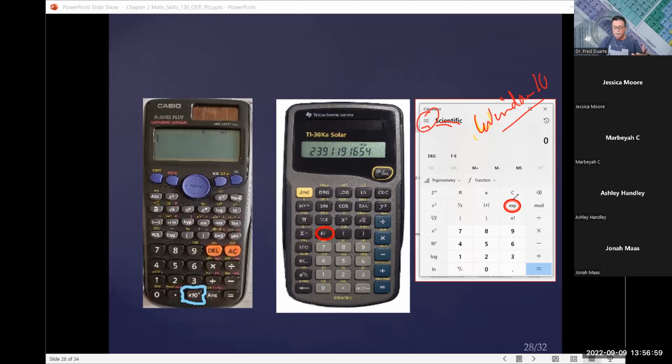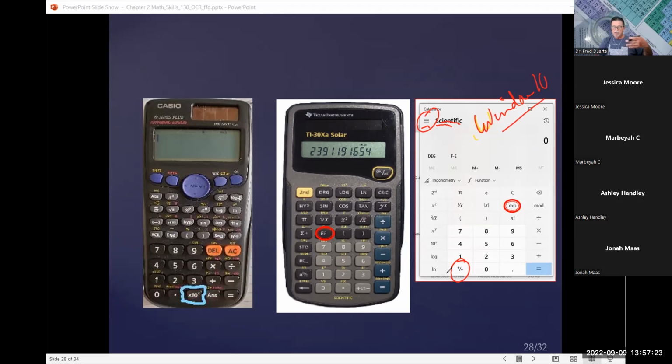Now, the other button you need to be familiar with is a toggle button to get you into positive and negative mode. Each calculator is a little bit different. For the Windows calculator, there's a little button here. It's +/-. So what that does is, if I type in a number and I want to make it negative, I hit that toggle button and I get a negative in front of it.